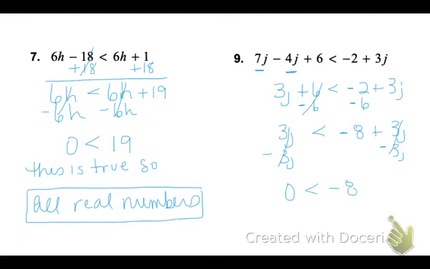Is 0 less than negative 8? Not true. So here's where we say no solution. Okay? So be very careful with that. Remember how tricky it was when we were doing the equations. So make sure you understand that if the inequality is true, it's all real numbers, and if the inequality is not true, it is no solution.